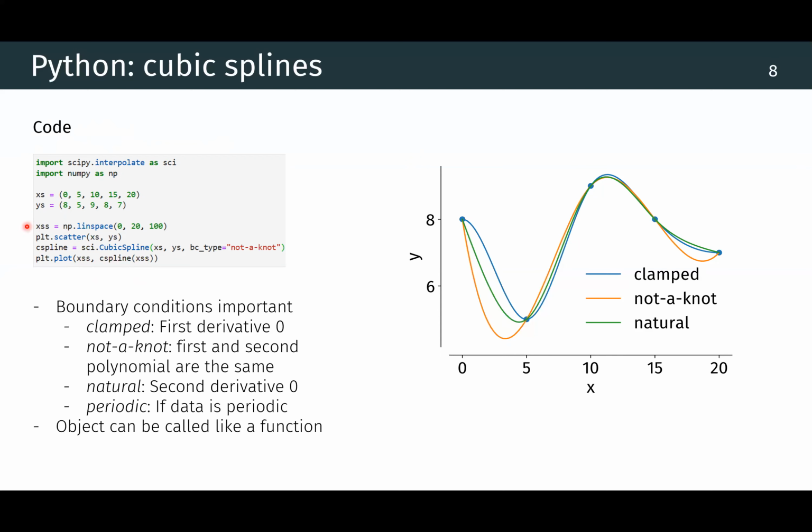So the XSS, that's the way how I like to refer to intermediate points for visualization, is the linearly distributed points from 0 to 20, namely 100 points on that space. And then I plot first the original data points with a scatter function, and then I plot the XSS and the C-spline value at all those points.